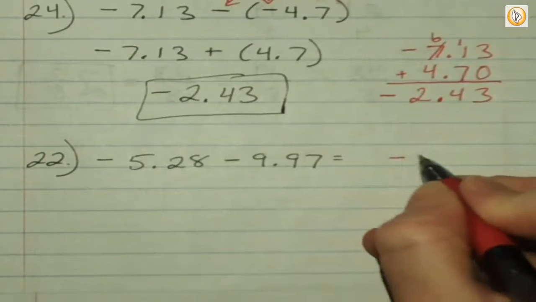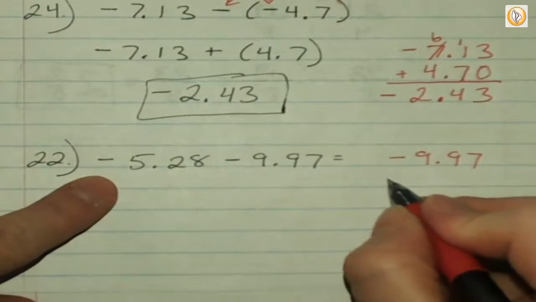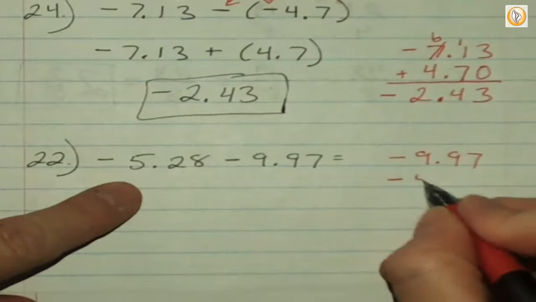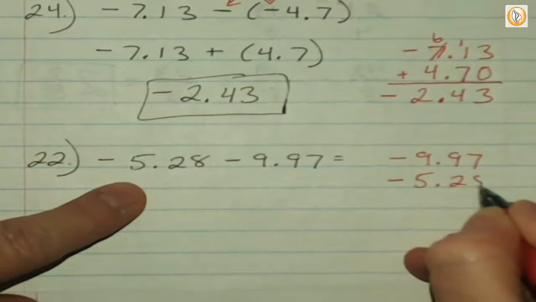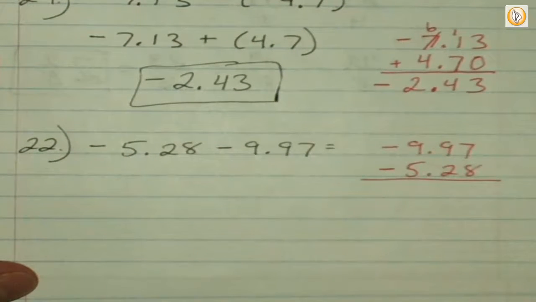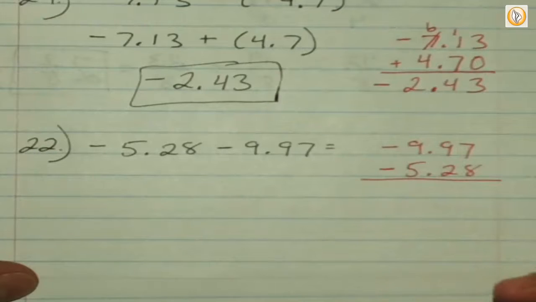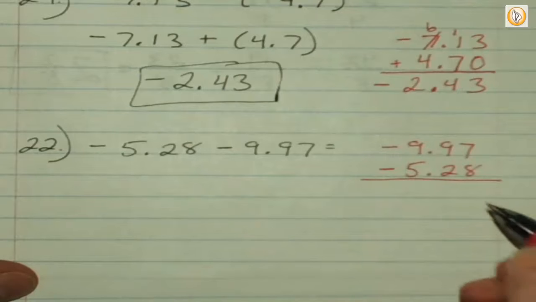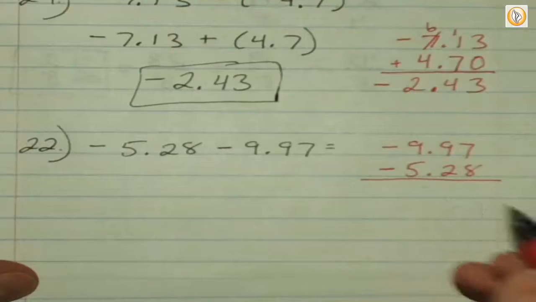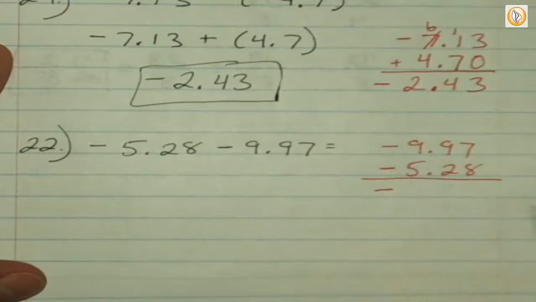So it's negative 9.97. Okay. And then underneath is negative 5.28. And we line up our decimals, which is easy to do because they're both the same digits in the same place. Now, Kelly, if they're both negative, do I add or subtract? If their signs are the same, we add and keep the sign. So the answer is going to be negative since we are adding.